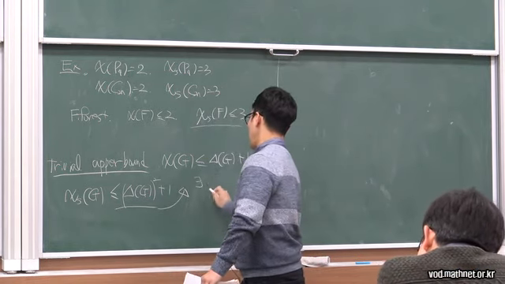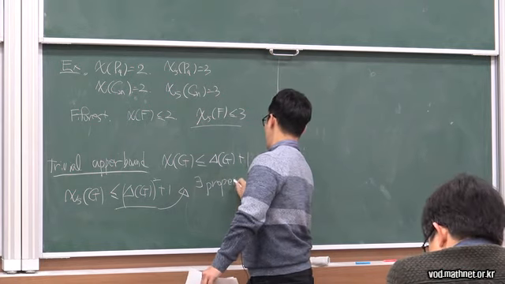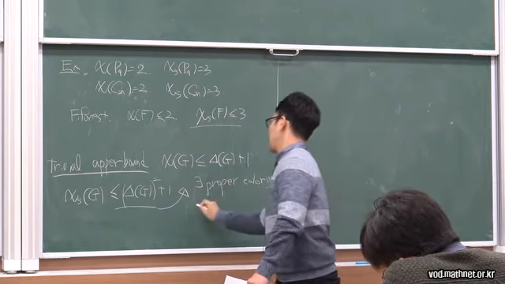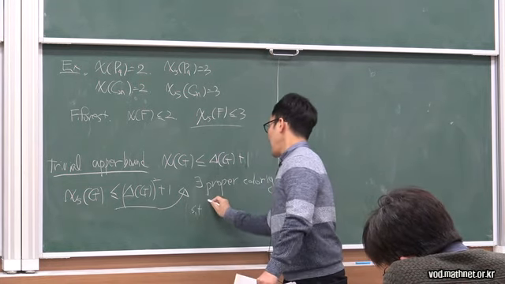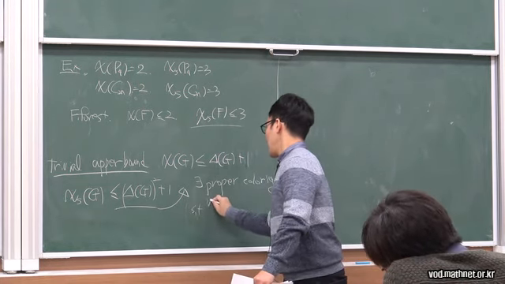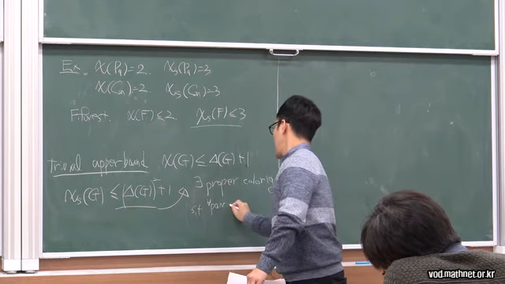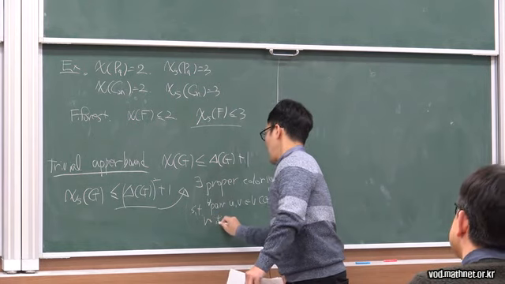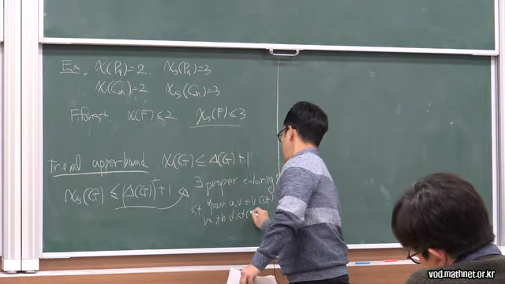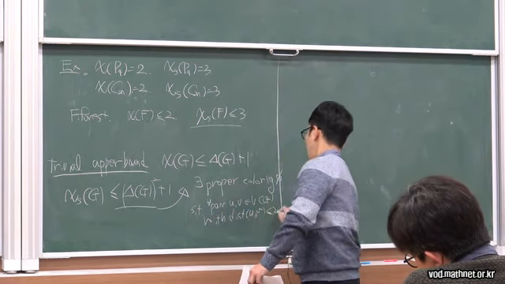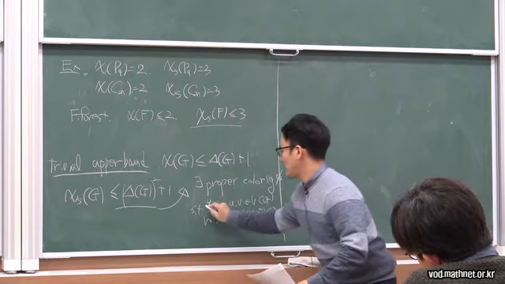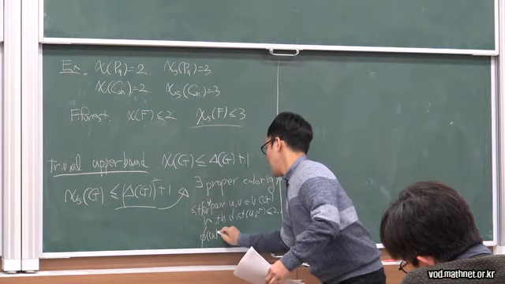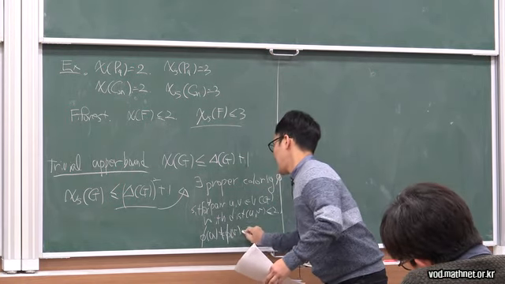There exists a proper coloring, say phi of G, such that for every pair of vertices U and V with distance at most 2, they have different colors.